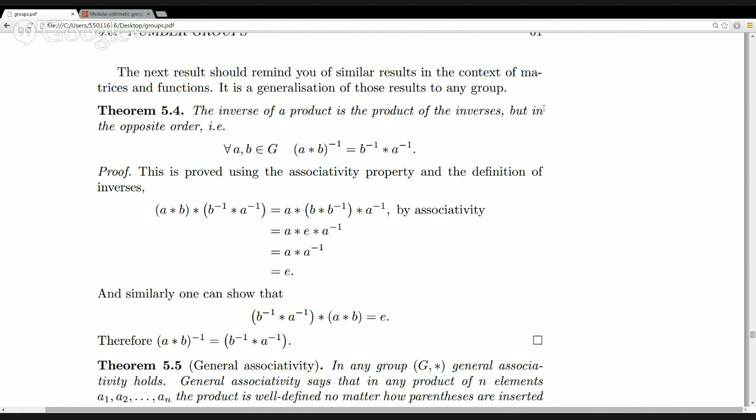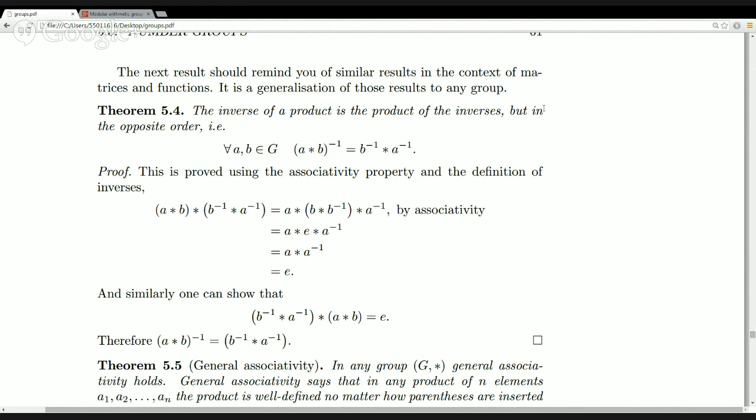If the operation is commutative, for instance addition or multiplication of normal numbers, then you can forget about this changing order effect, because it doesn't matter if you change the order.